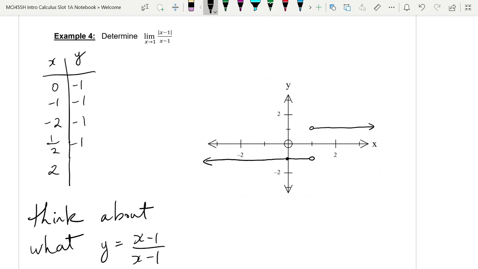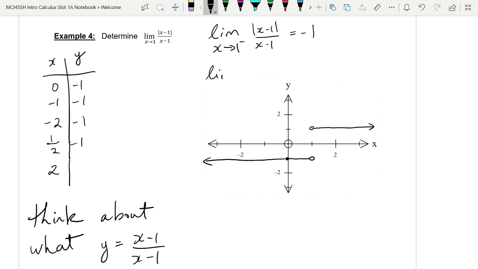So the limit, what do I say about the limit here? Well, I can say that the limit as x approaches 1 from the left of this function looks like it's heading towards a y value of -1.